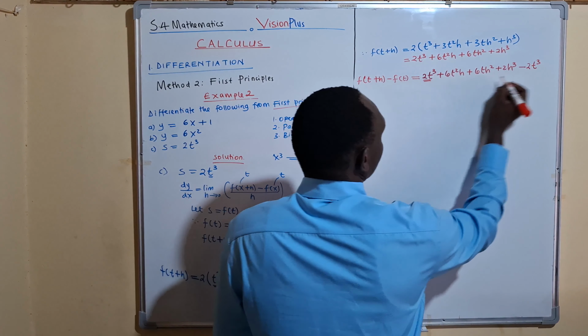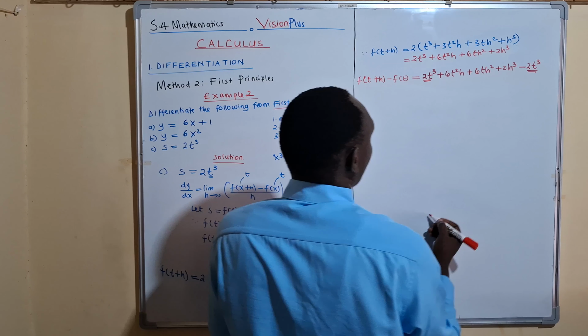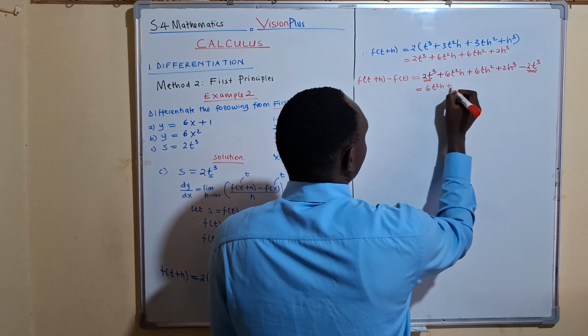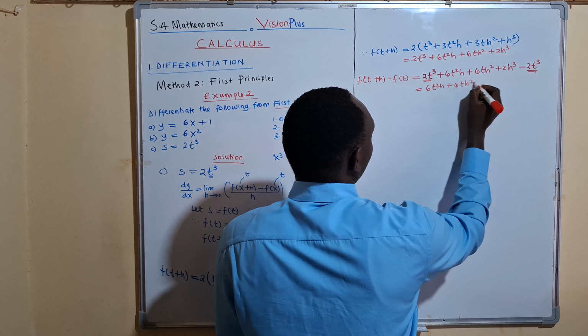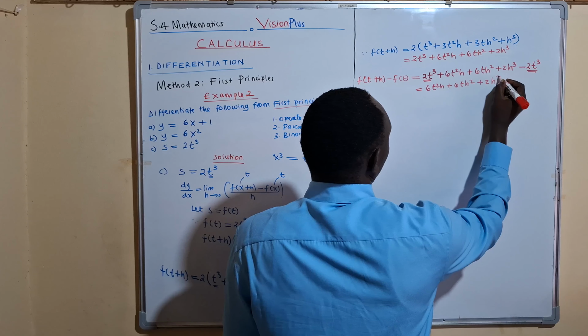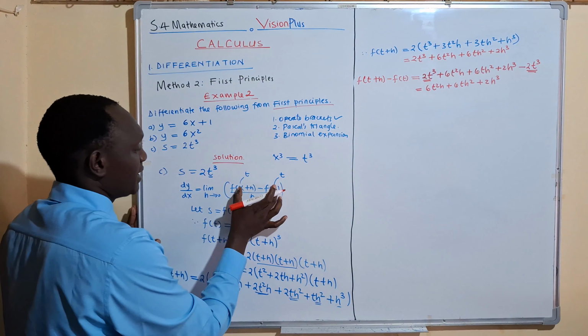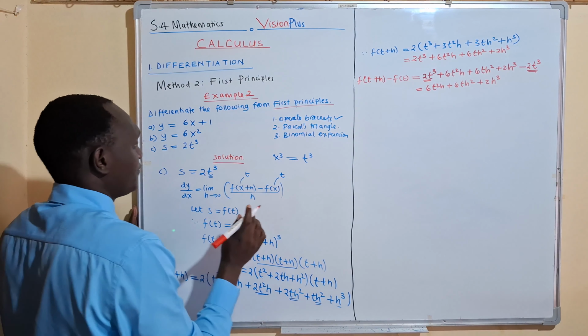So this 2t cubed and this 2t cubed cancel out. That leaves us with 6t squared h plus 6t h squared plus 2h cubed. This is the difference which the numerator of the formula needs.